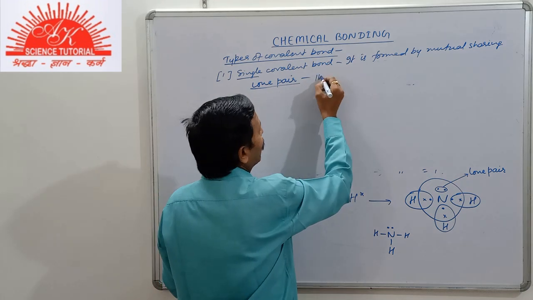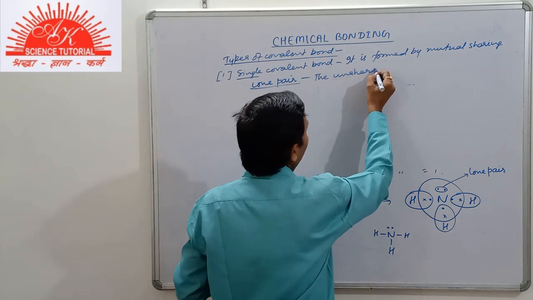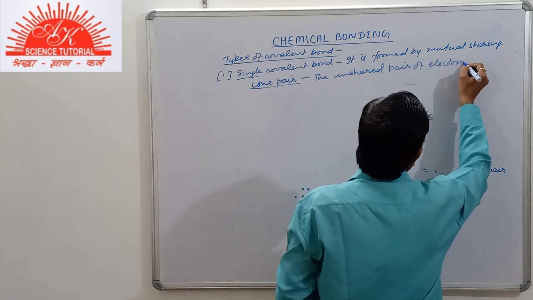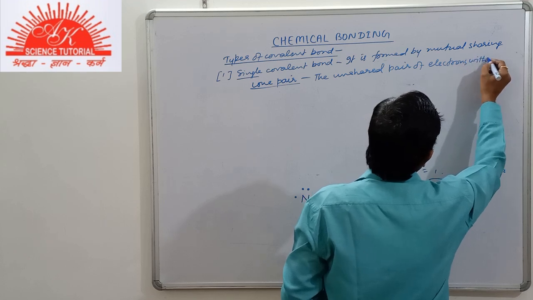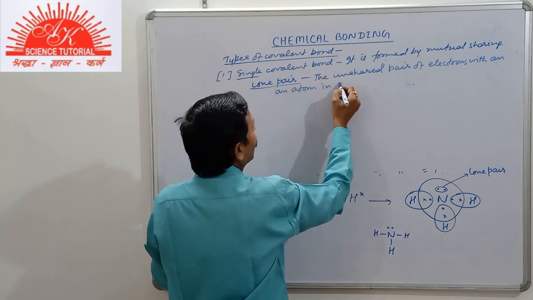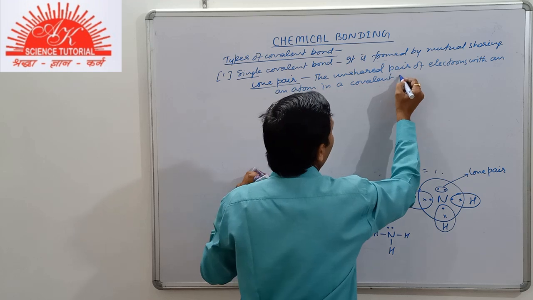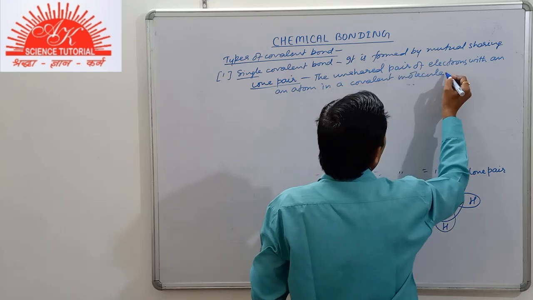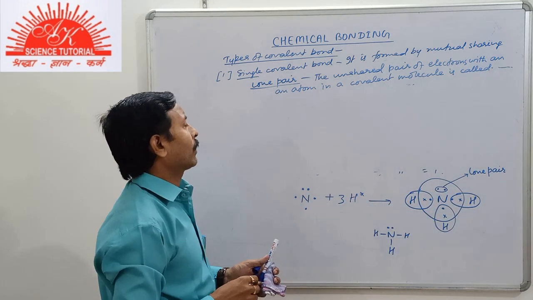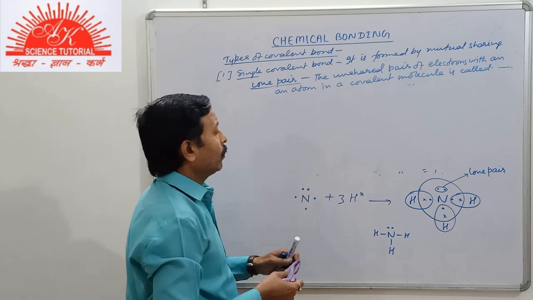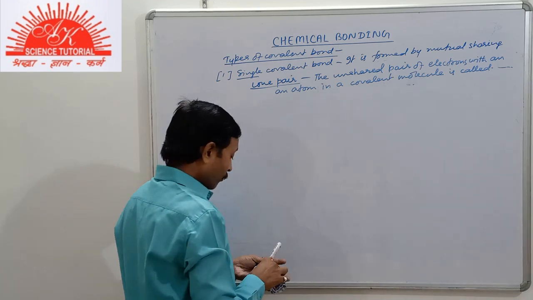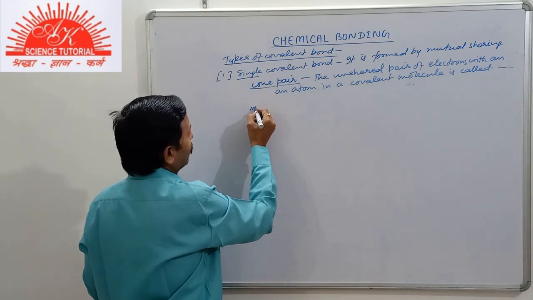Lone pair: the unshared pair of electrons with an atom in a covalent molecule is called a lone pair of electrons. So in the ammonia molecule, this was an unshared pair of electrons, hence it is a lone pair of electrons. Now take some more examples.